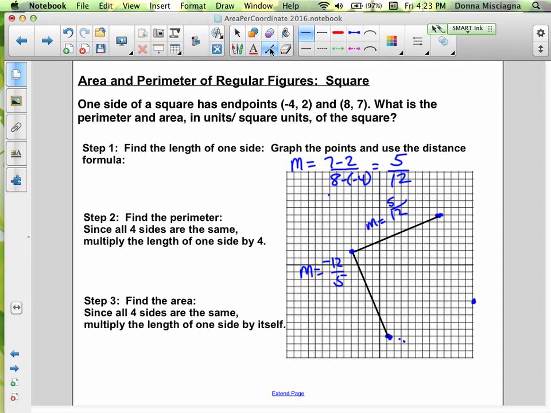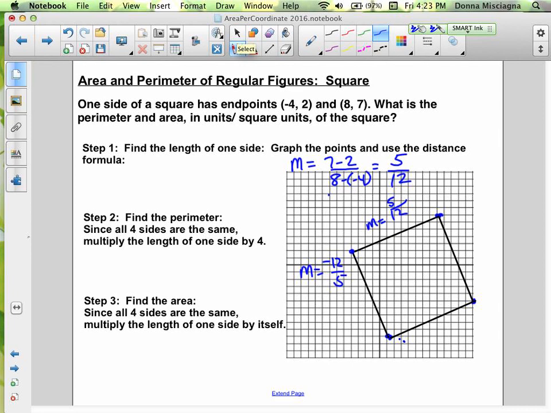It was not needed that we graph the other three points of the square, but I did think I should take the opportunity to show you how you'd find them.